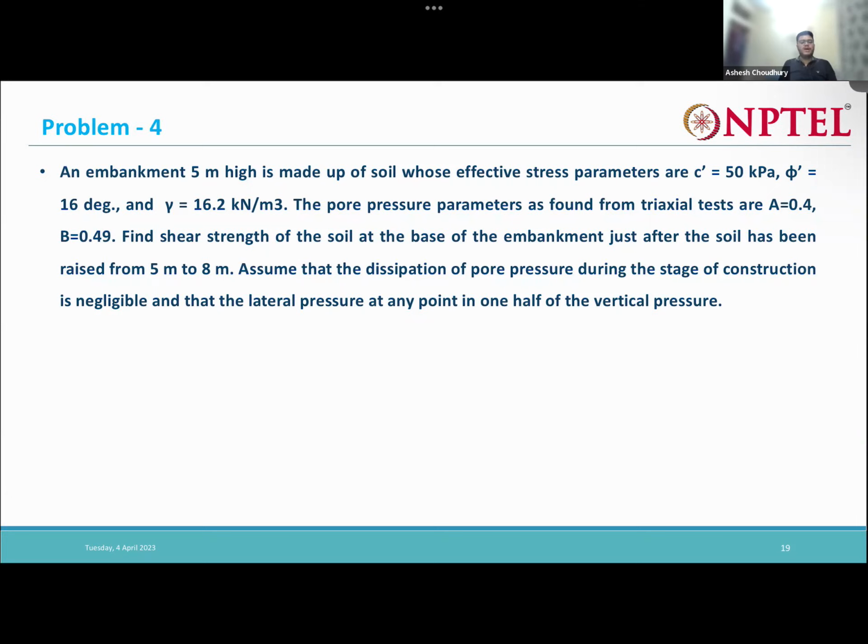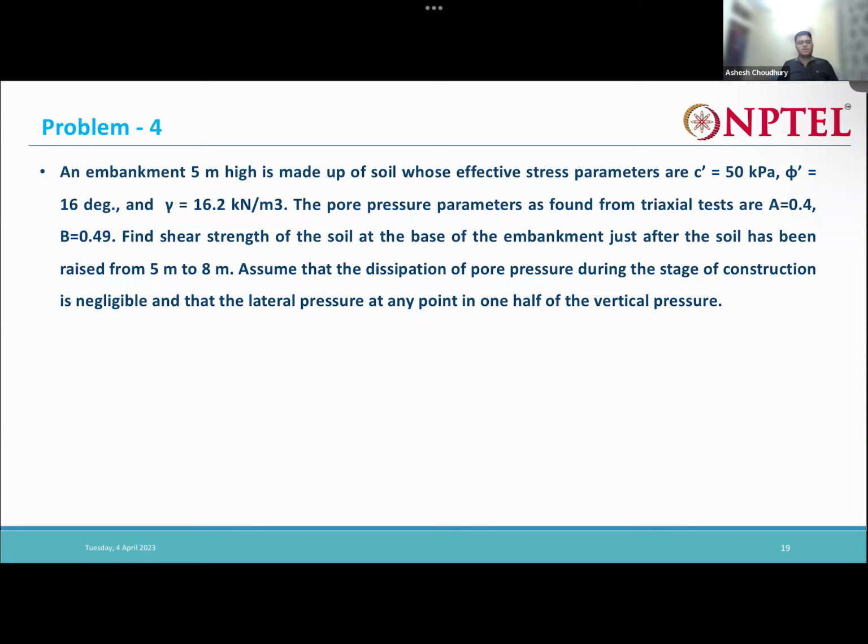Find shear strength of the soil at the base of the embankment just after the soil has been raised from 5 meter to 8 meter. Assume that the dissipation of pore pressure during the stage of construction is negligible and that the lateral pressure at any point is 1/2 of the vertical pressure.